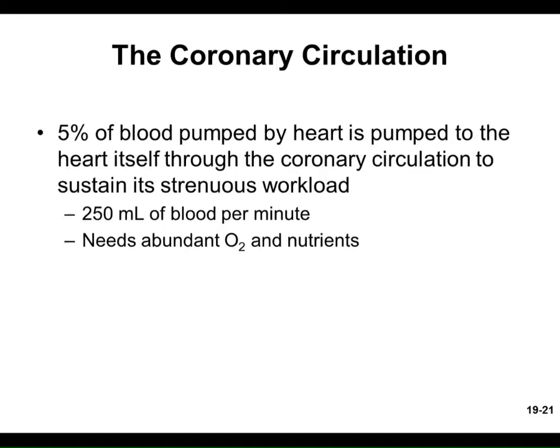This means that about 250 mils of blood per minute. We'll look at some numbers as we go through this, but 5% of your blood volume, or about 250 milliliters of blood every minute, is going back to your heart. And your heart is very, very finicky. It needs freshly oxygenated blood. It does not survive at all well without oxygen.